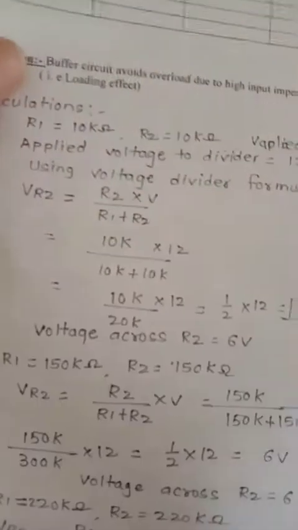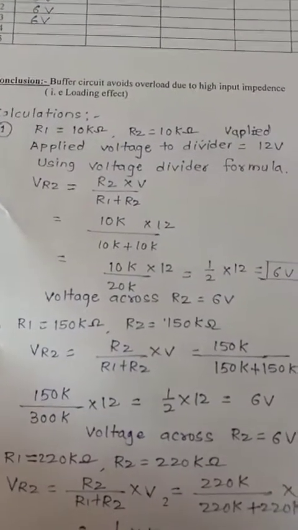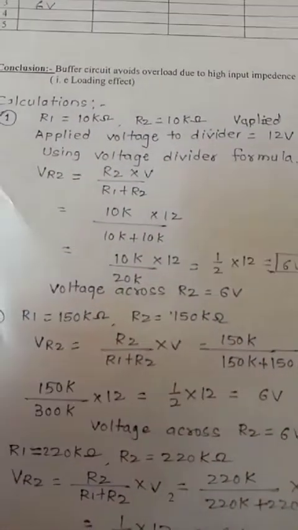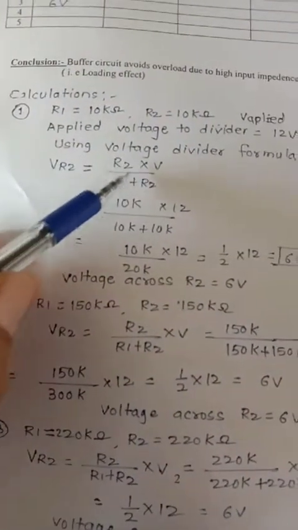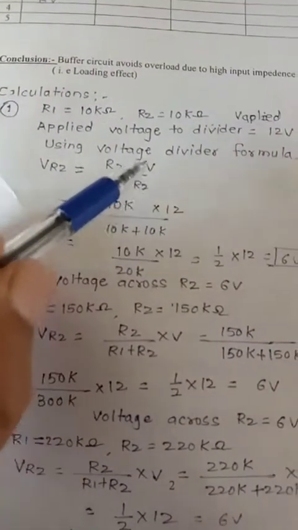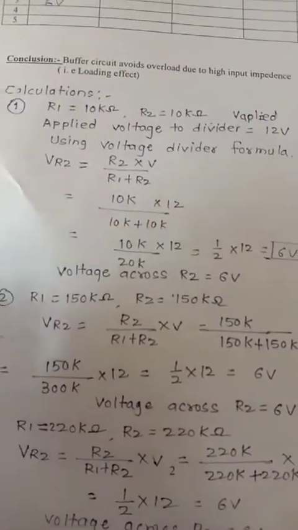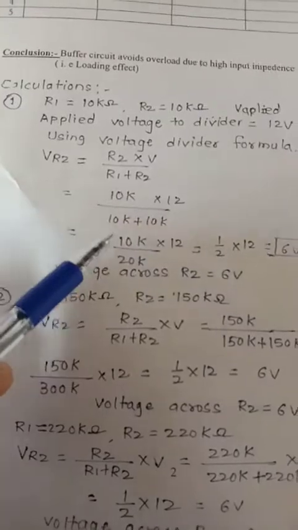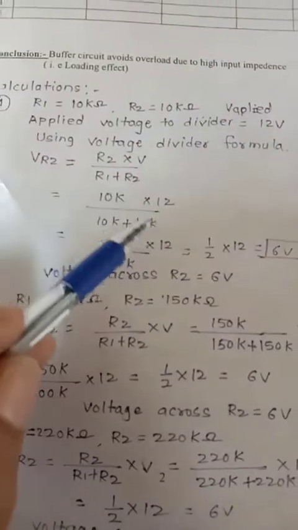See the calculations. Use the voltage divider formula to calculate voltage across R2, that is VR2 is equal to R2 divided by R1 plus R2 into V. So R2 is 10 kilo ohm, R1 is also 10 kilo ohm. So 10K divided by 10K plus 10K into applied voltage V, 12 volt.